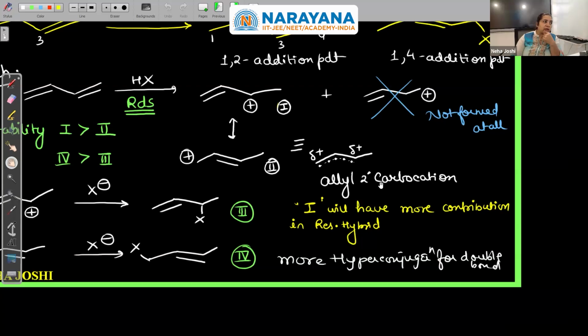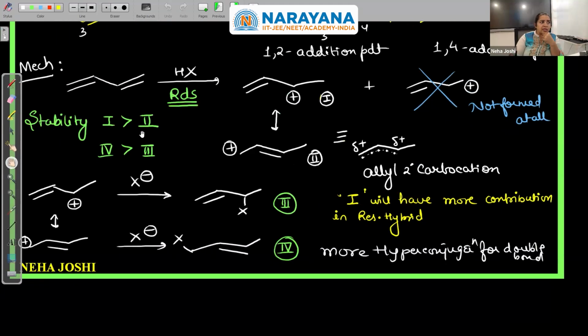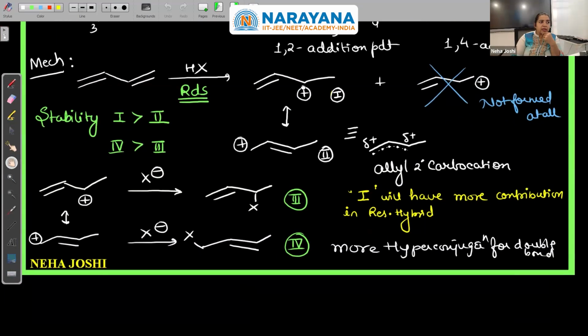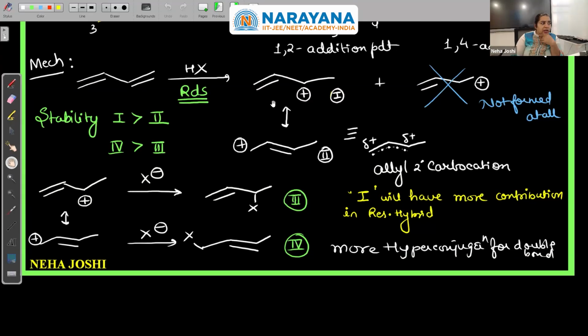Allyl 2 degree carbocation is formed. It has 2 resonating structures, 1 and 2. If we talk of stability, 1 is more stable than 2 because it is 2 degree. Right? Now, if from 1, I form the product, then I get the product 3. If I form product from 2, then I have a product 4. Okay.